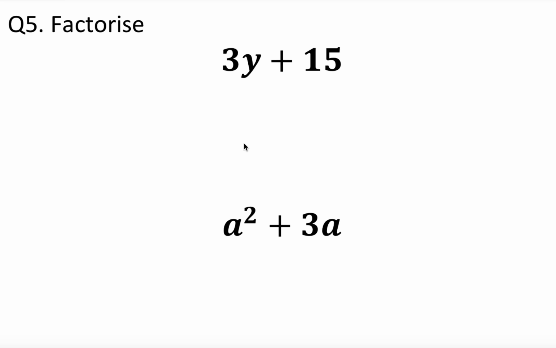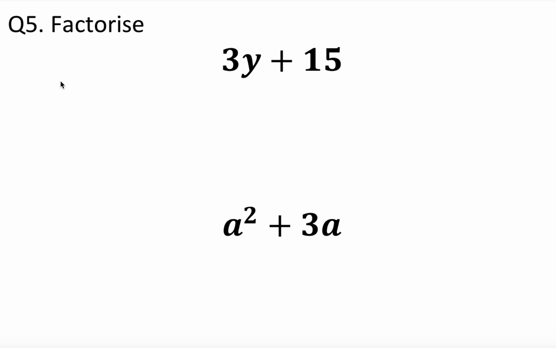So basically, we look at both terms. So 3y and 15. What is a common factor of 3y and 15? We've got 3, and 15. A factor of 15 is 3.